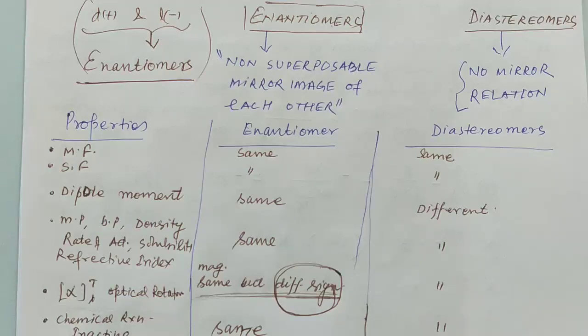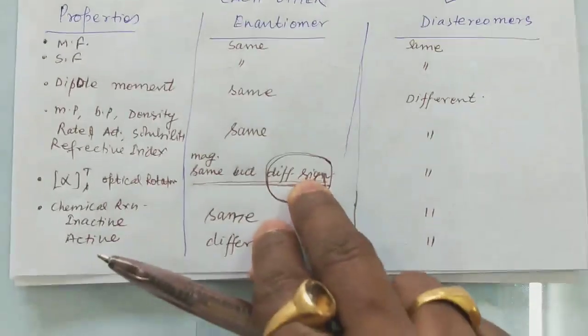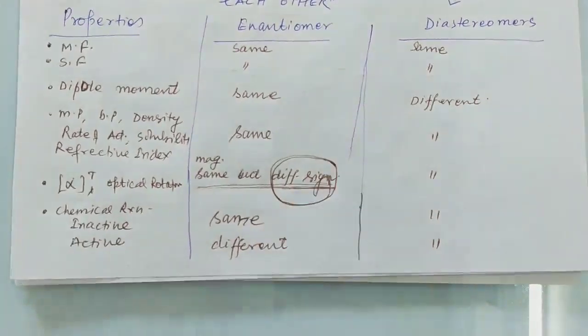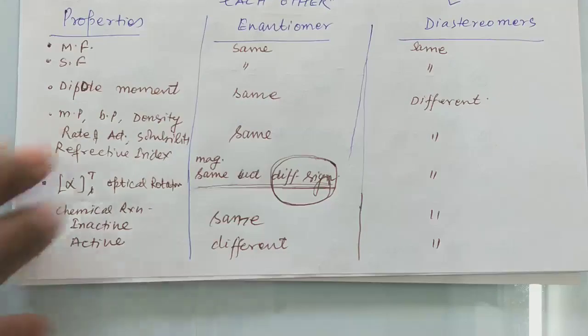Although we have many types of organic compounds having the ability to show optical activity, here I will discuss three to four categories only, which are in your syllabus, right?